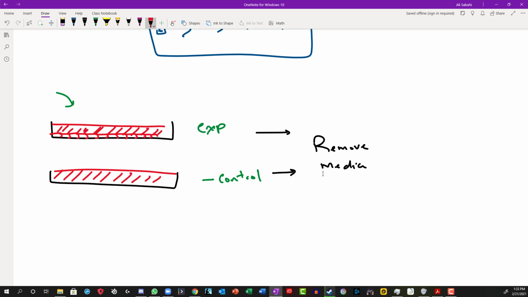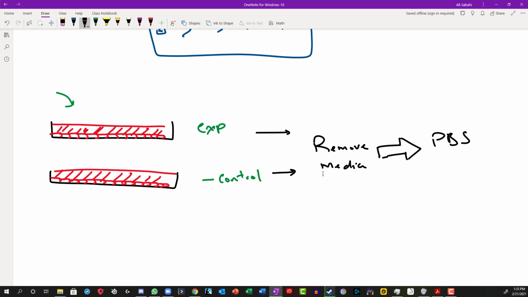Adherent cells, right? So here are my cells, they're attached to the bottom of the plate. Of course, this picture is not to scale because there'll be millions of cells. I remove the media, I wash the monolayer with a liquid called PBS.